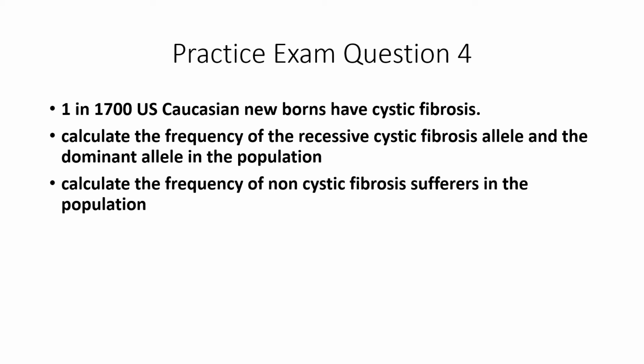So in this question it says 1 in 1,700, and we're looking at cystic fibrosis. Calculate the frequency of the recessive cystic fibrosis allele and the dominant allele, and then calculate the frequency of non-cystic fibrosis sufferers in the population.